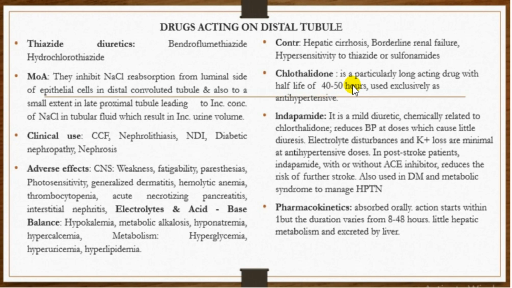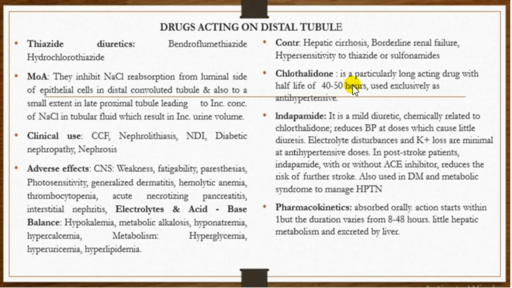Then we also have indapamide. This indapamide is a mild diuretic, and it's chemically related to chlorthalidone. It helps to reduce blood pressure at doses which cause little diuresis, and electrolyte disturbances as well as potassium loss are all minimal when we use this form of thiazide diuretic.